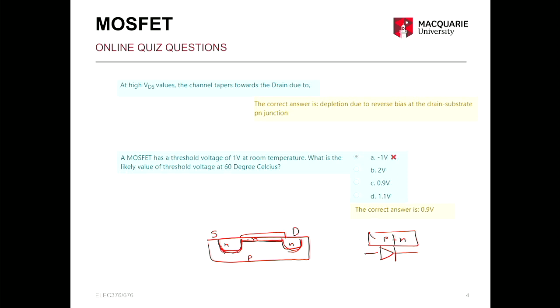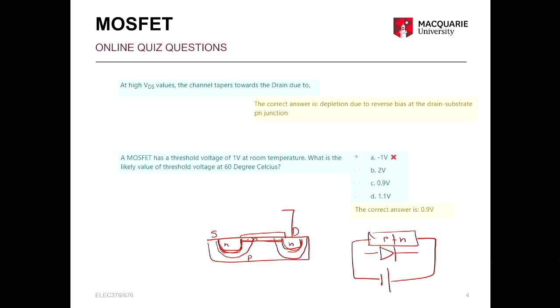For a diode, you need to apply a positive to the P and negative to the N. If you apply a reverse bias, which is a negative to the P and positive to the N side, it will enhance the depletion region. It will deplete more and more carriers away from the depletion region, or strengthen the depletion region. So we have a depletion region here and we have a depletion region here.